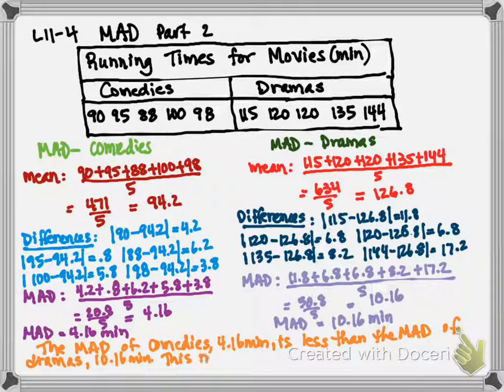This means the running times for comedies are closer together, meaning there's not a big, huge spread between the lengths of the comedies than those for dramas.